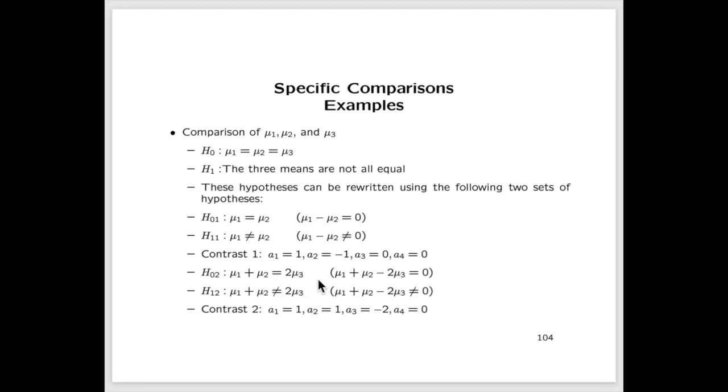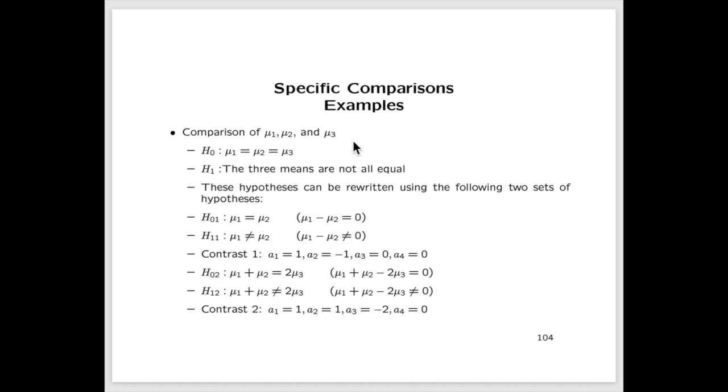And then again expressing as a difference, the null hypothesis would be that mu1 plus mu2 minus 2 times mu3 is equal to 0 against the alternative that mu1 plus mu2 minus 2 times mu3 is not equal to 0. And so for this particular set of hypotheses, the coefficients would be a1 equal to 1, a2 equal to 1, a3 equal to -2, and a4 equal to 0.